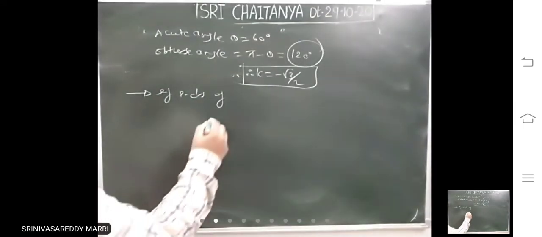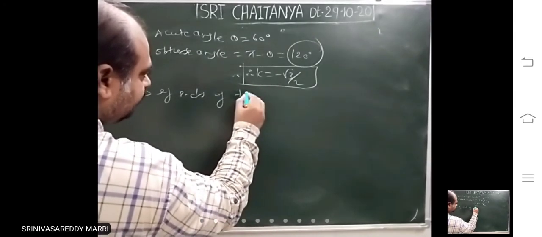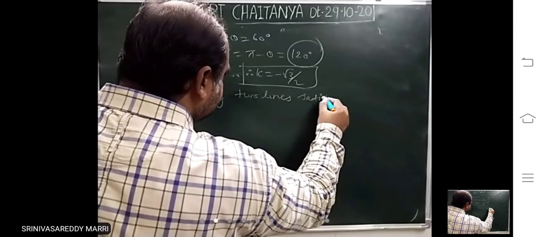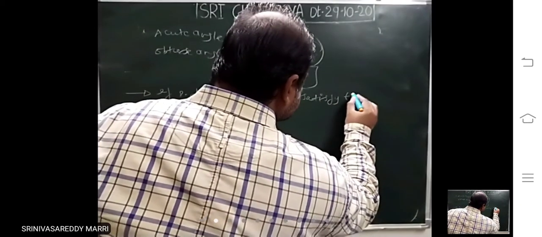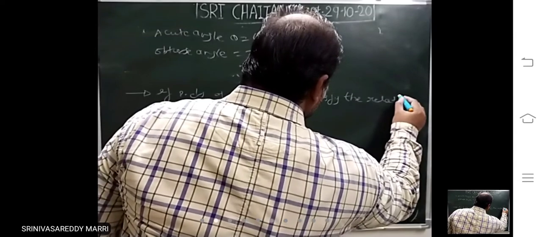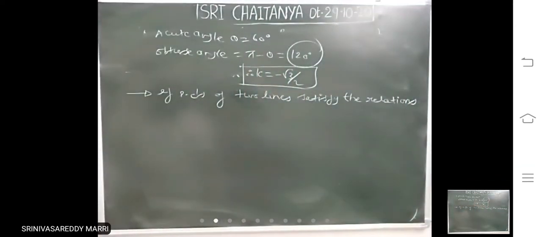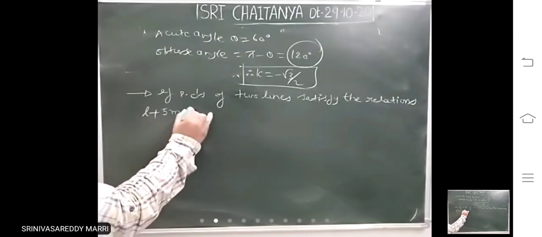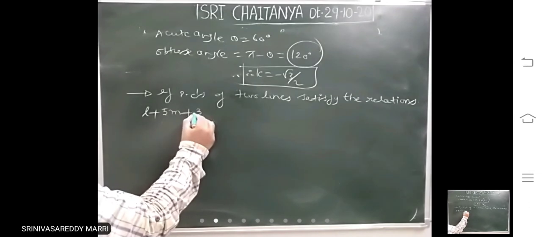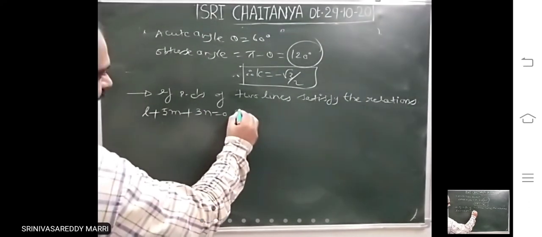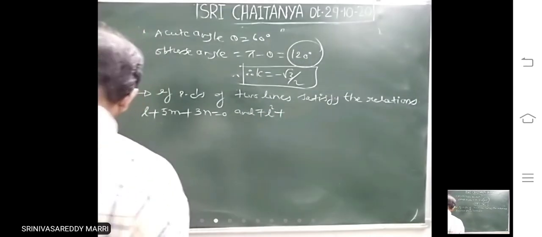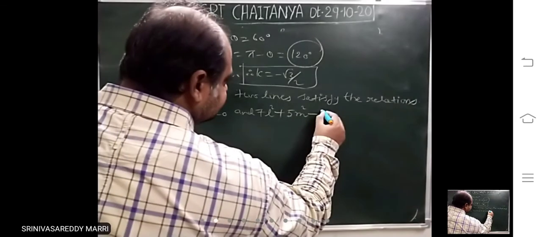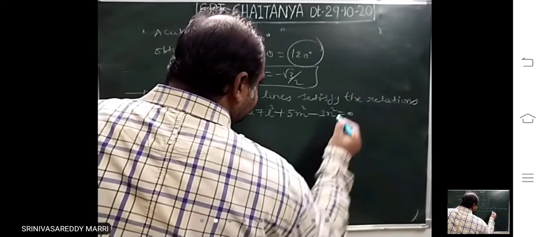If the DCs of two lines satisfy the relations, some two relations will be given to you: l plus 5m plus 3n equal to 0 and 7l square plus 5m square minus 3n square equal to 0.